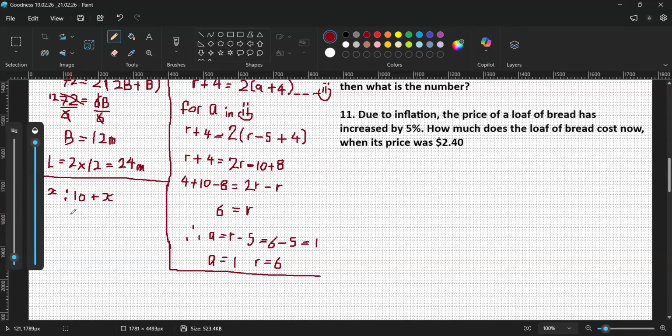These are two numbers, right? One of them has to be represented by the 5 and the other one by the 3. Which one do you think should have the 5 and which the 3? 10 plus x should have the 5, right? Yes.